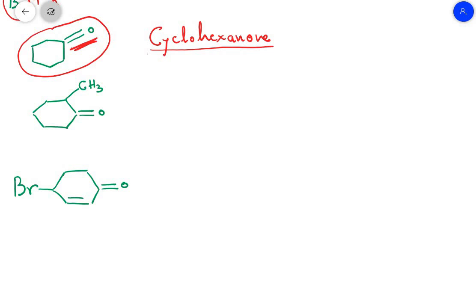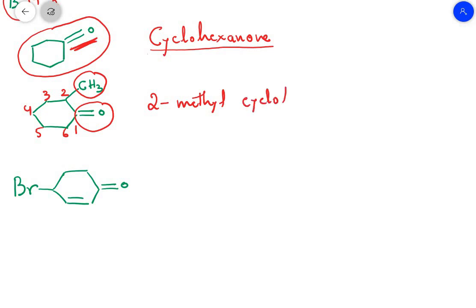And in the next example, the same cyclohexanone is having one methyl group here, and preference is given for what? A ketonic group. So number 1 is for the ketonic group, and this will be 2, 3, 4, 5 and 6. So the name of this compound is 2-methylcyclohexanone.